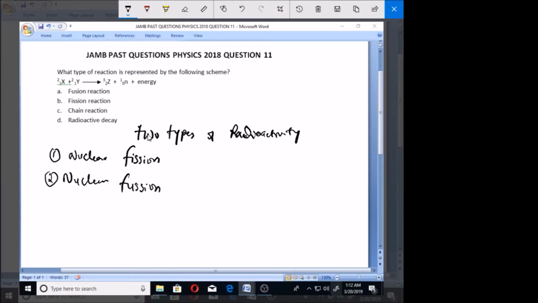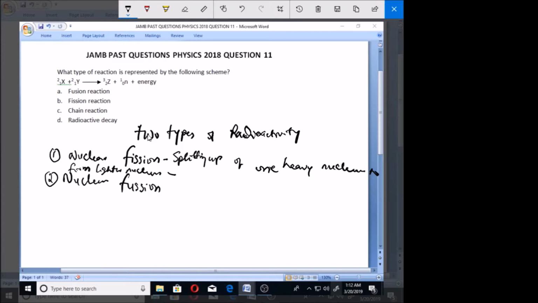For a complete definition, nuclear fission is the splitting up of one heavy nucleus to form lighter nuclei, two of them, or to split into approximately equal parts, with a huge amount of energy and neutrons.